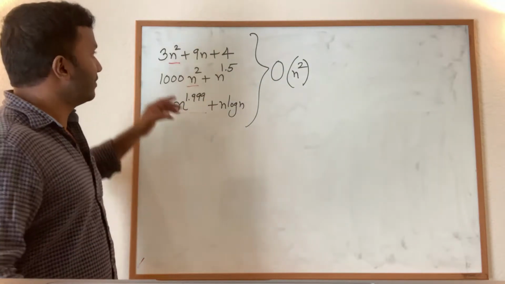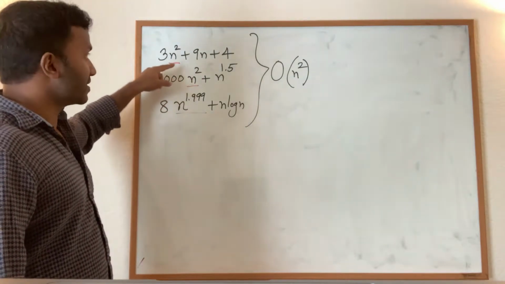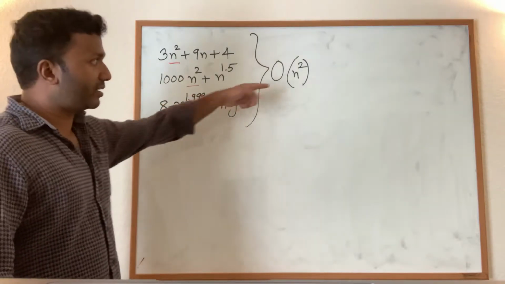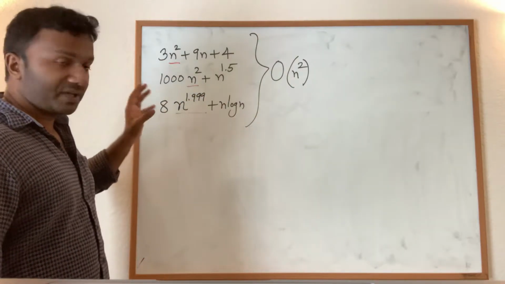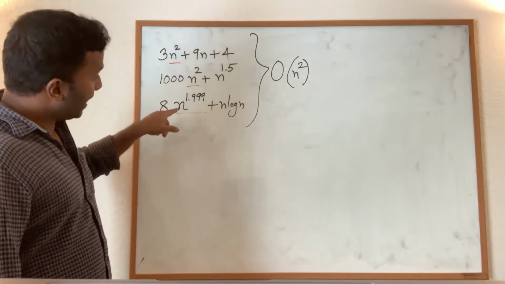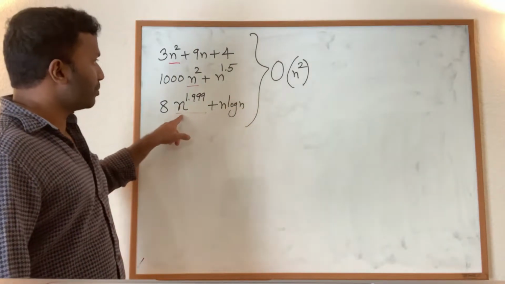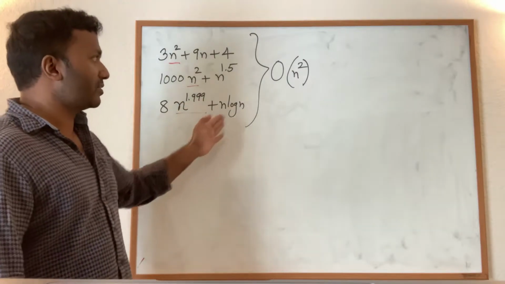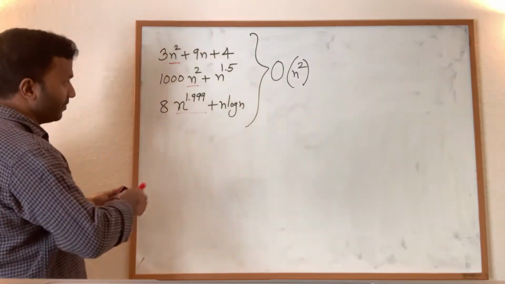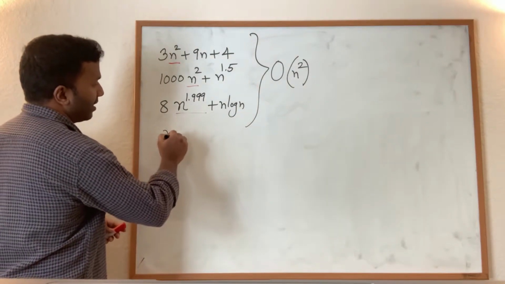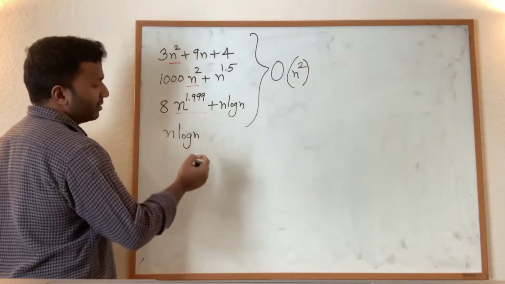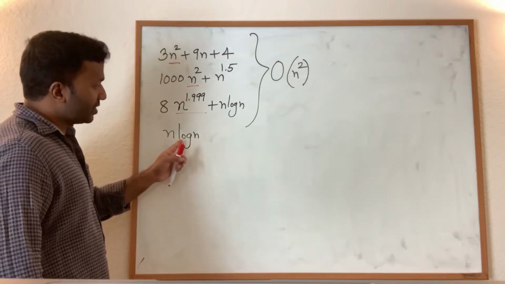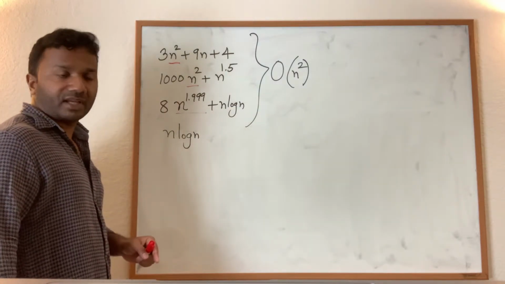That's my definition. In this case the dominating term is n square, so we are fine. Or it should be something dominated by n square. So n to the 1.999 is clearly dominated by n square. If I had another function, let's say n log n, again n square dominates n log n, so this also I can write as big O of n square.